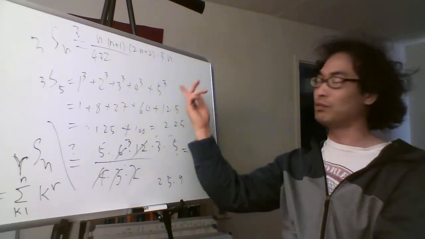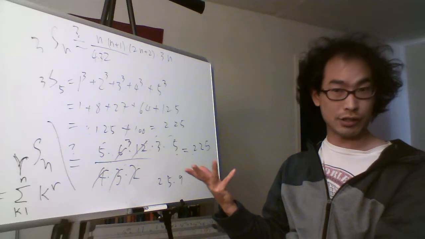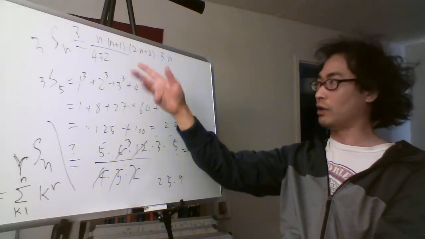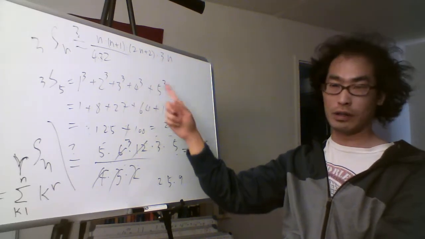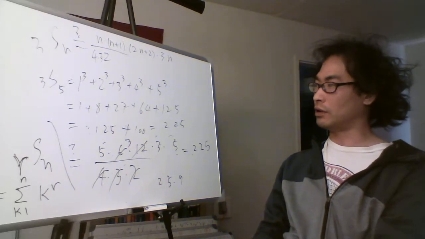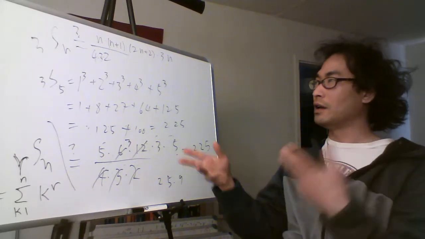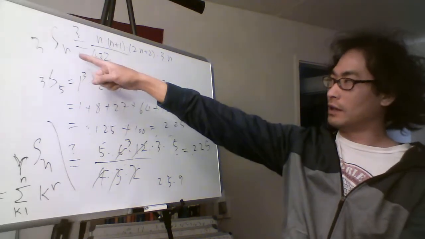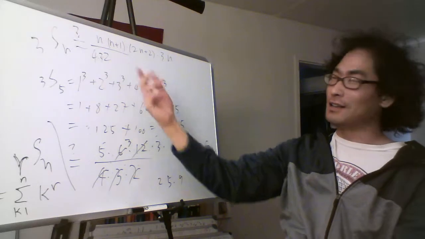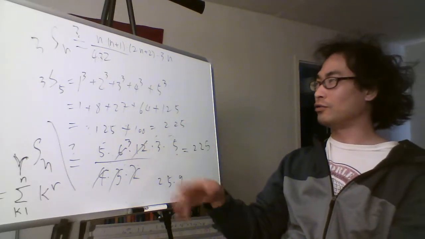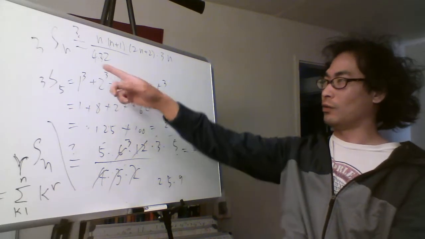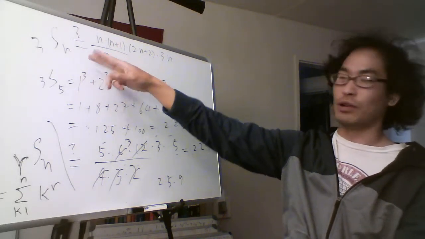So yeah, we can prove this using mathematical induction. You prove when n is equal to 1, this formula is correct. And then you prove, assuming this formula is correct when it's n, then from there you prove that this formula is also correct when this guy is n plus 1.